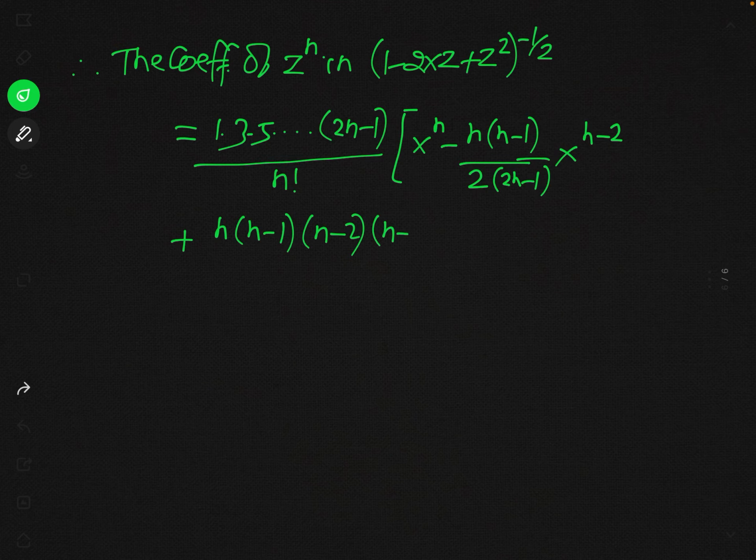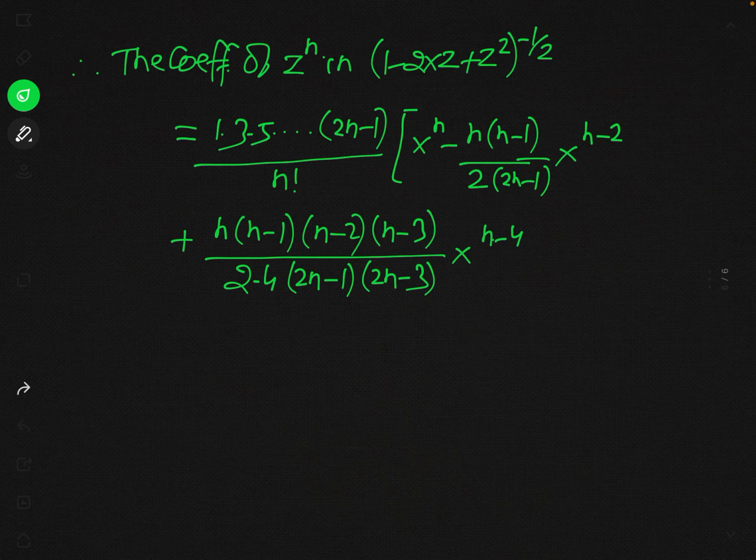So this will be plus n into n minus 1 into n minus 2 into n minus 3 over 2 into 4 into 2n minus 1 into 2n minus 3 into x to the power n minus 4, and plus so on.